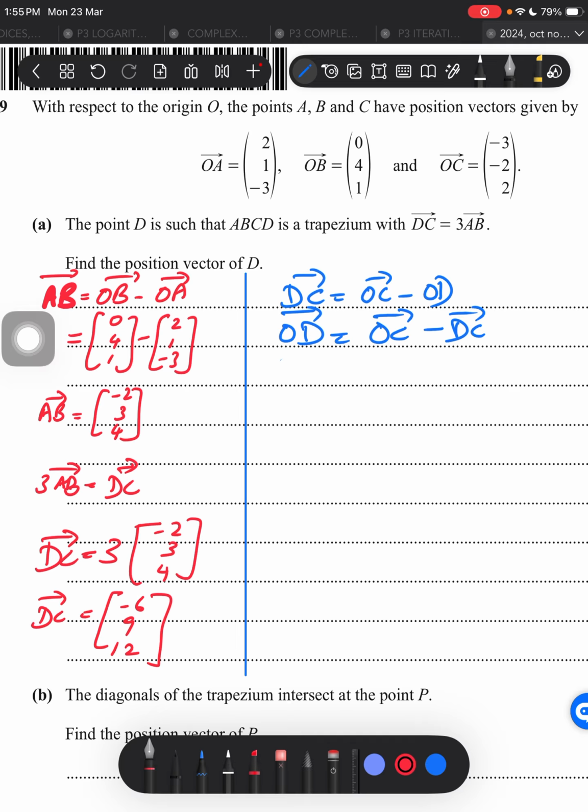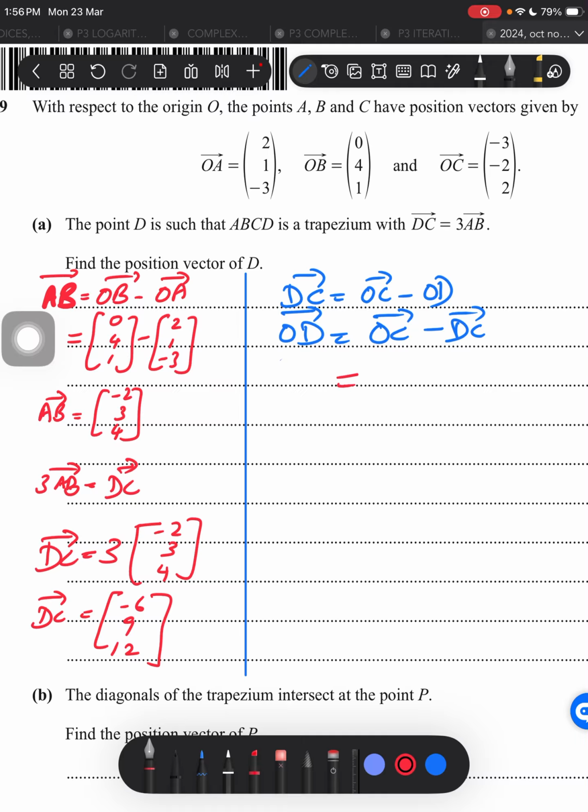Oh yes, we would have required DC, so that would help us to find D also. I believe I made a mistake here. Let's see if I get this right or not.